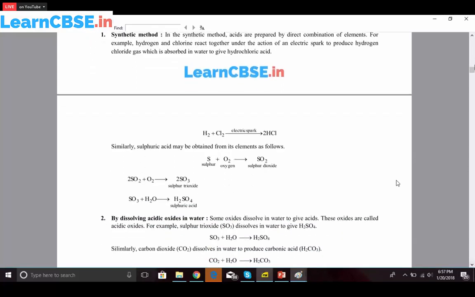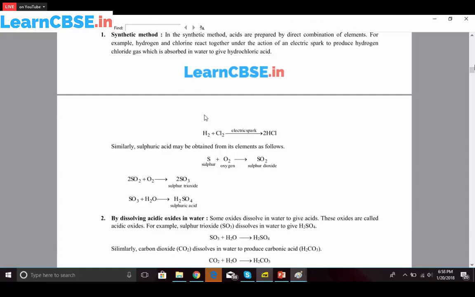Sulfuric acid preparation: sulfur plus oxygen gives sulfur dioxide. The sulfur comes from fossil fuels, where it is present as an impurity. We can remove the sulfur content from that and burn it in the presence of oxygen. So we will get sulfur dioxide.